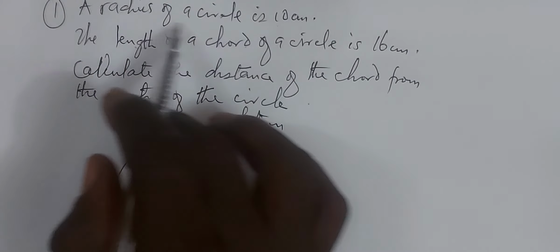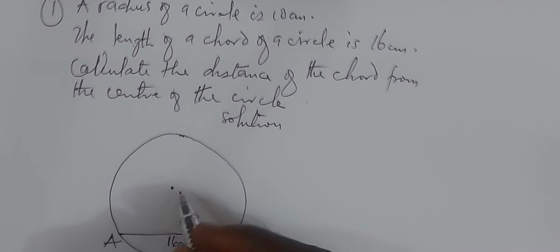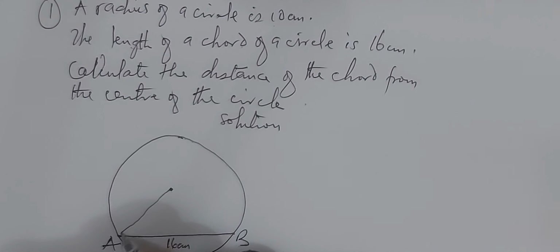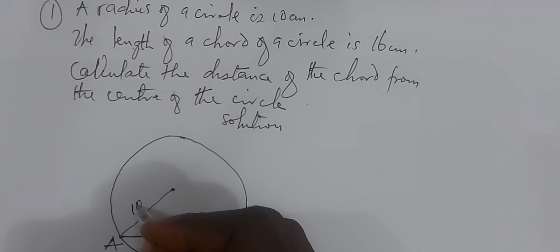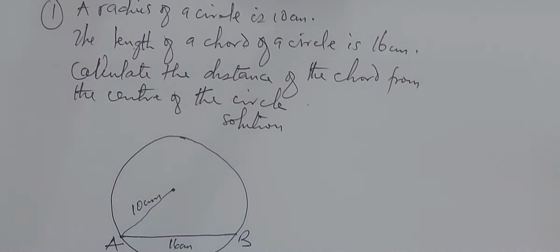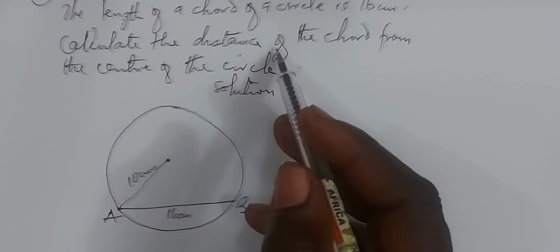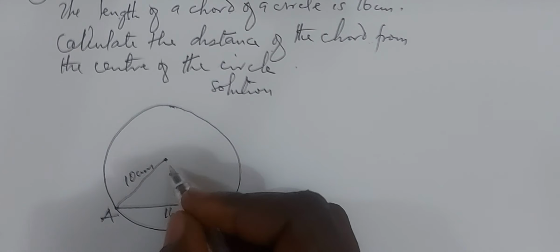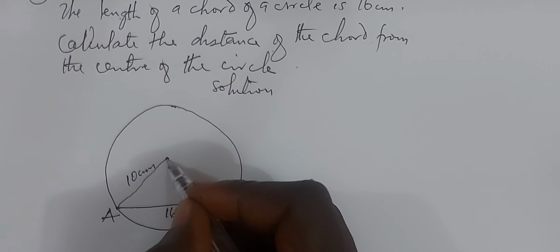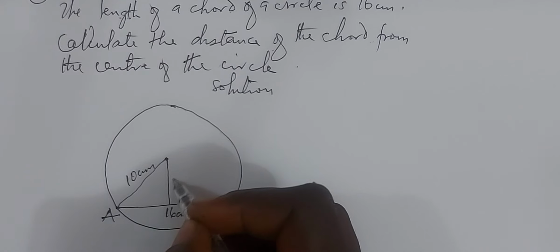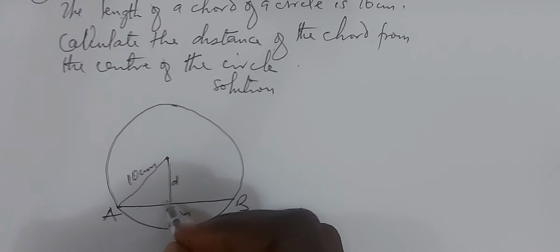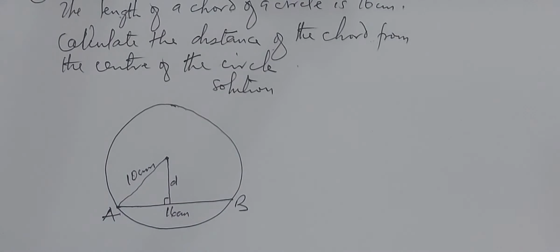And the radius of the circle is 10. So you draw a radius to it, any side. It's 10. Calculate the distance of the chord from the center. This is the distance of the chord to the center, and so it's D, here at 90 degrees.